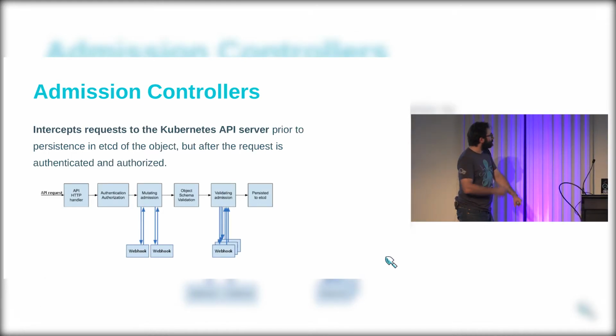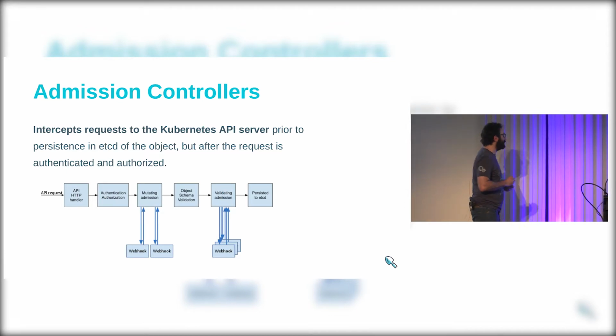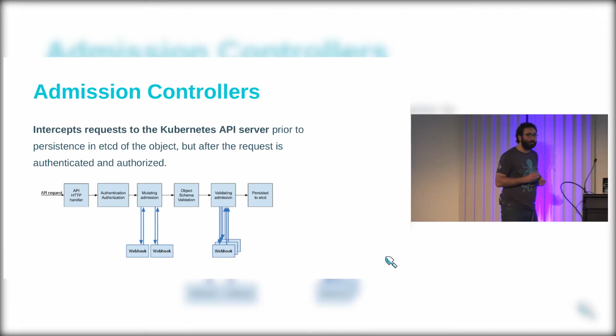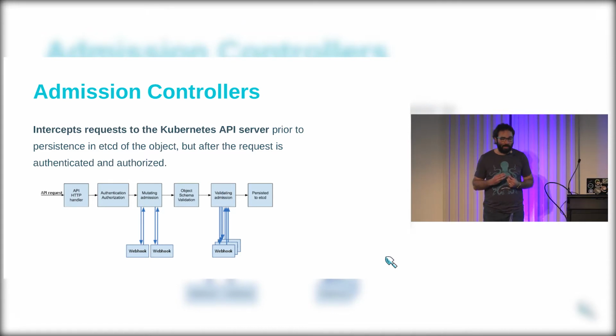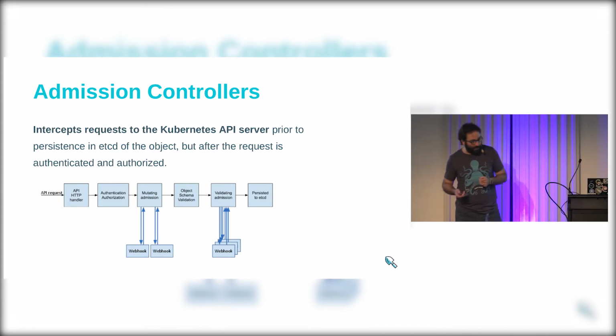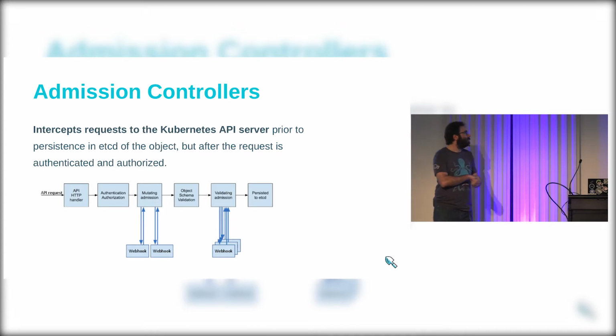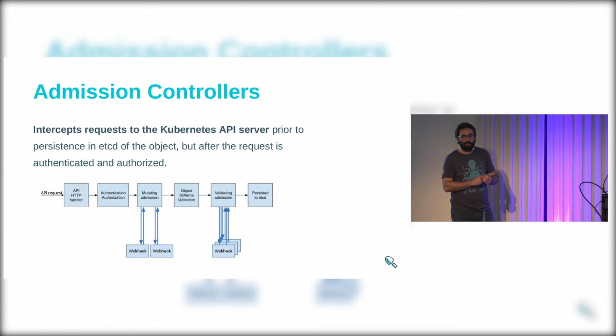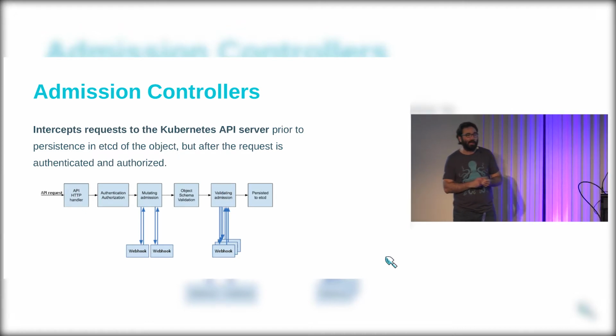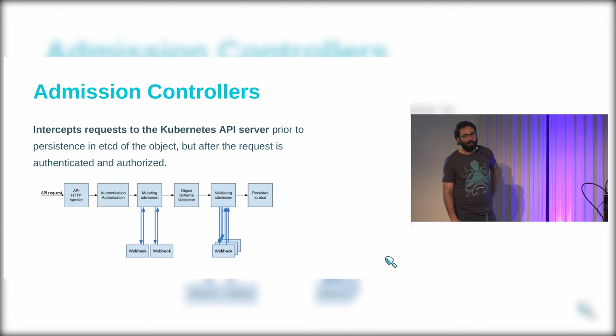And also, we have admission controllers. This is about intercepting the request to the API server, and it allows you to avoid running several kinds of containers that can be malicious.